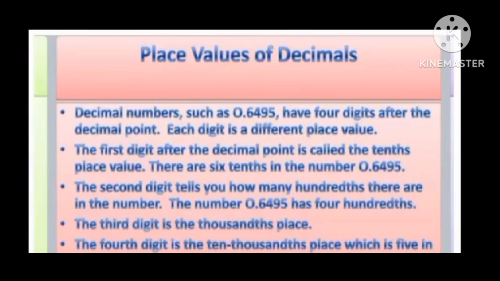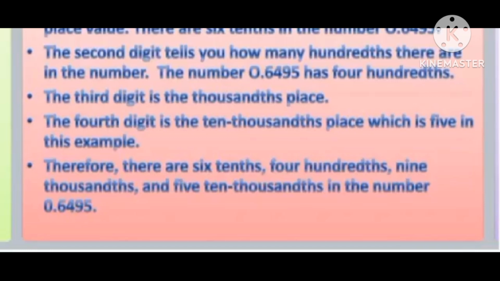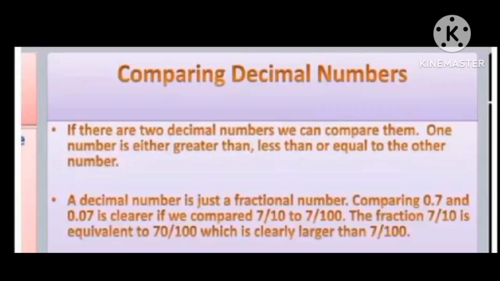The number 0.6495 has 4 hundredths. The third digit is the thousandths place. The fourth digit is the ten-thousandths place, which is 5 in this example. Therefore, there are 6 tenths, 4 hundredths, 9 thousandths and 5 ten-thousandths in the number 0.6495.